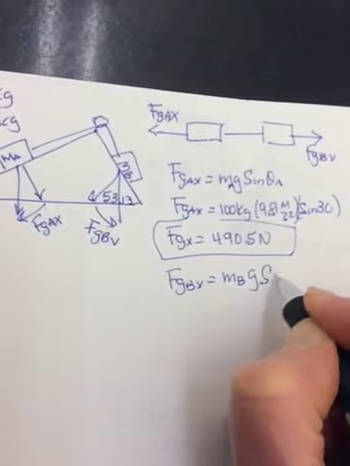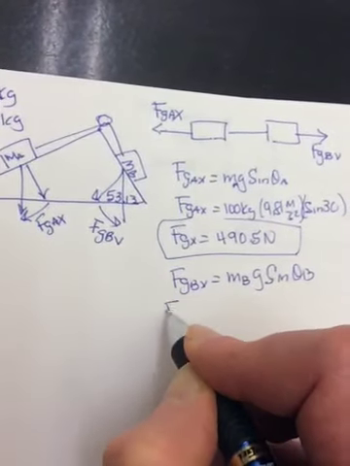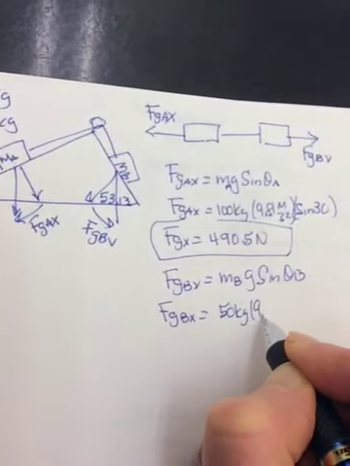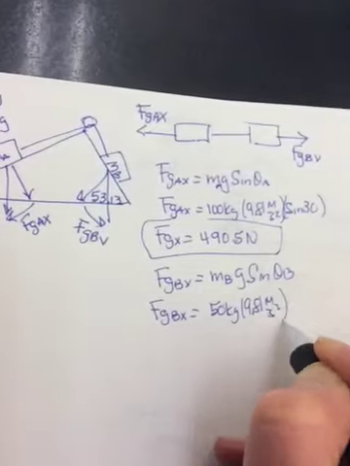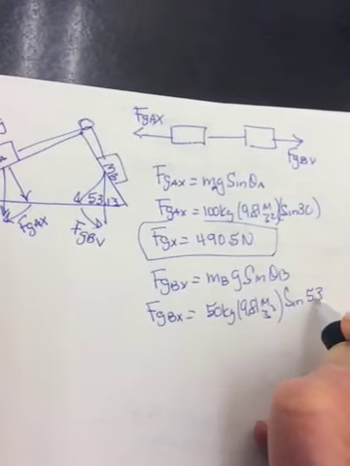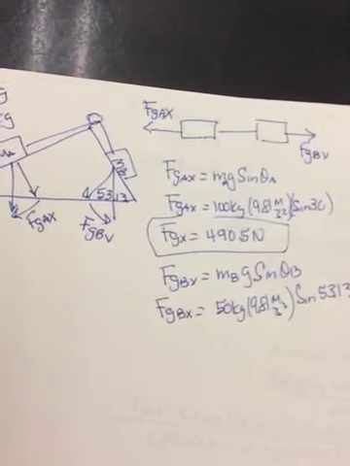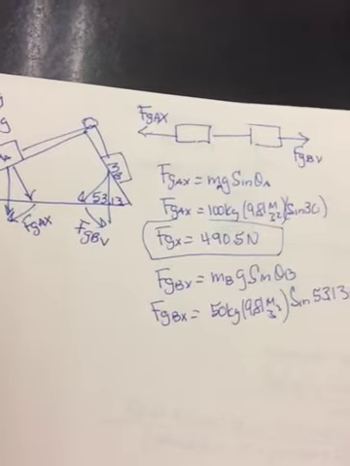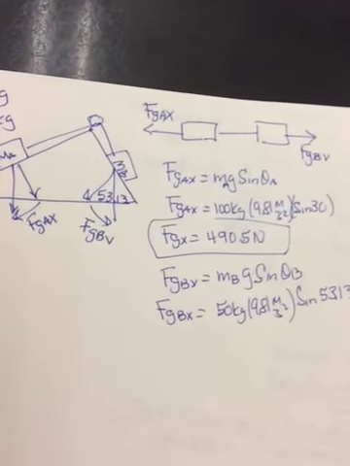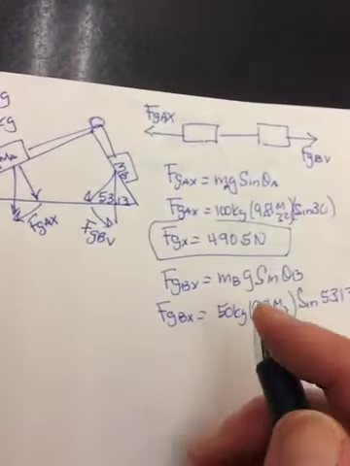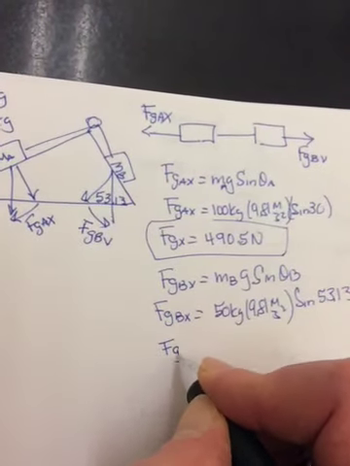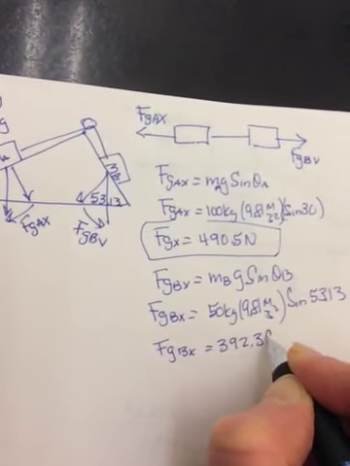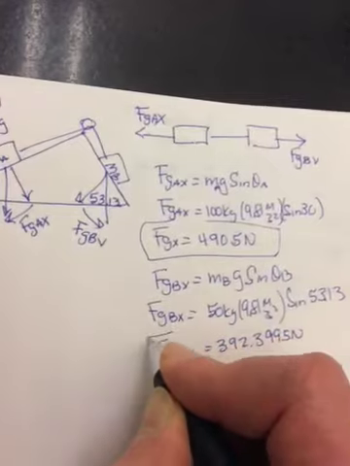MBG sine theta B, so 50 kilograms, 9.81 meters per second squared, and the sine of 53.13, which is 0.8. So when you do 0.8 times 50 times 9.81, that's 40 times 9.81, you get, I believe, 392.3995 newtons.